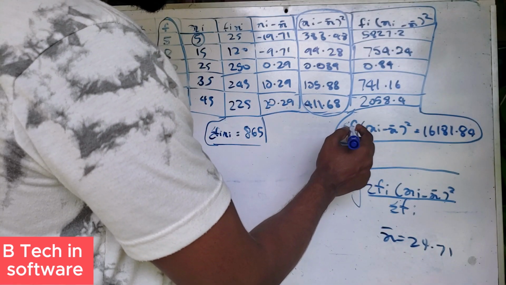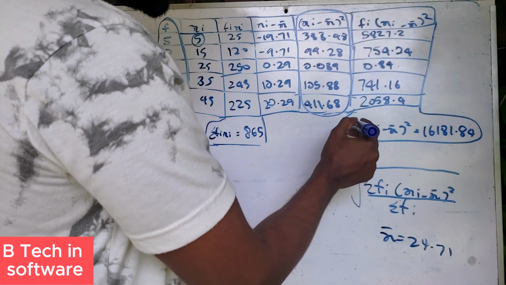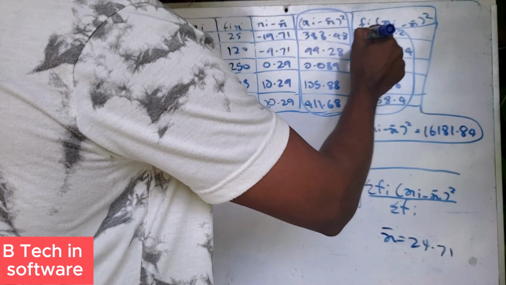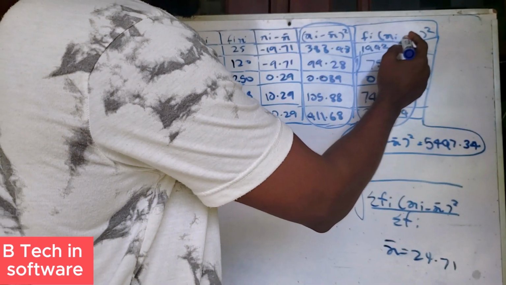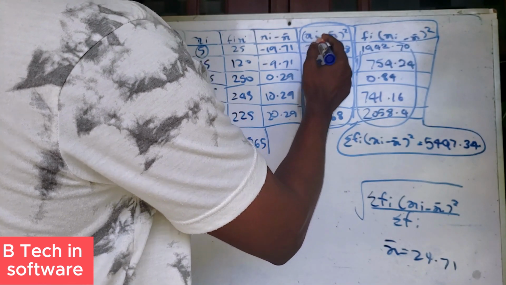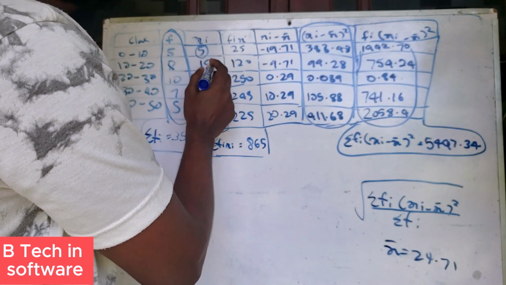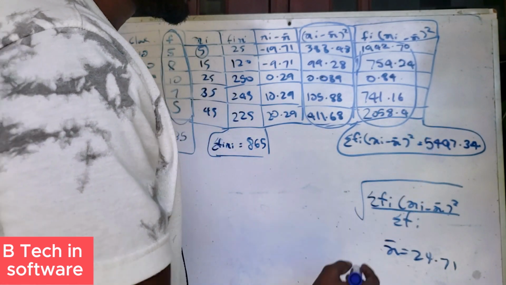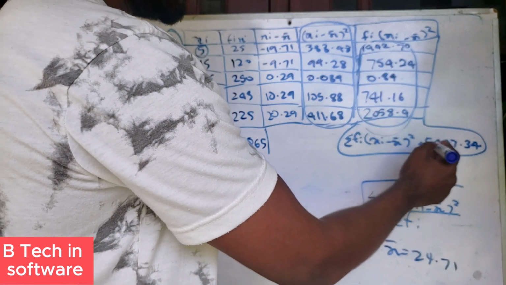I also calculated sigma fi xi minus x bar squared, which means the sum of all these values. To find fi xi minus x bar squared, you multiply fi with this column, and then you will get this value for each row. And then to find sigma fi xi minus x bar squared, you add all the values in this column. Now you will get the final value.